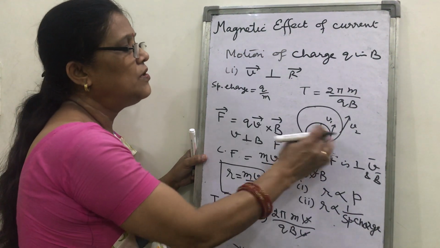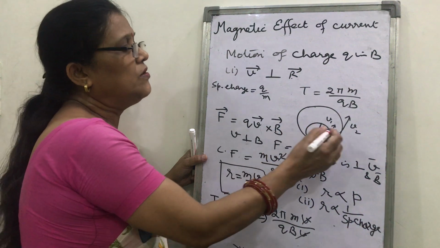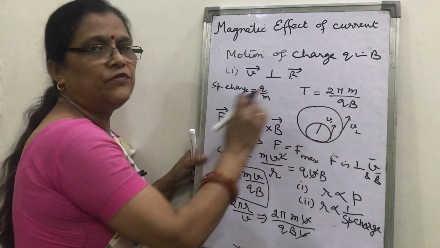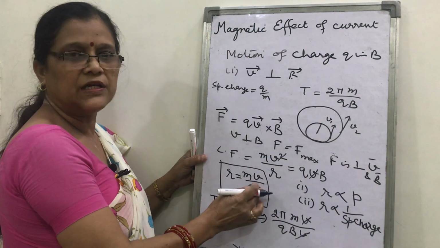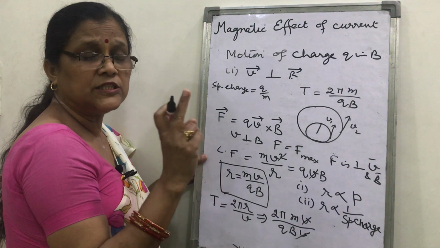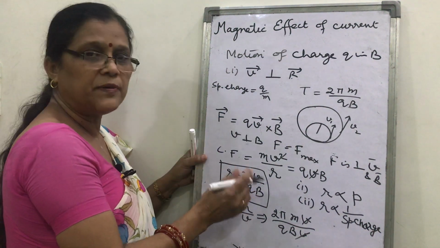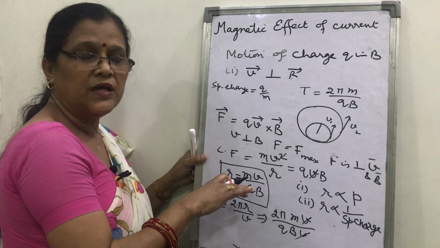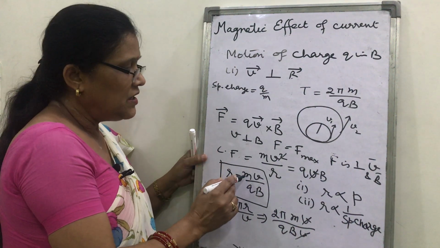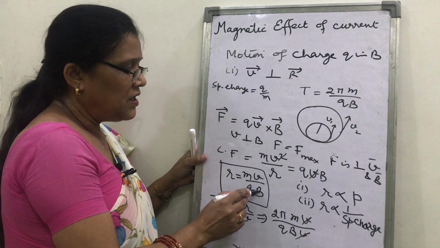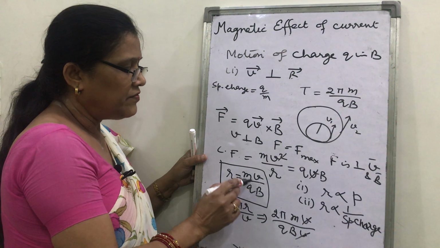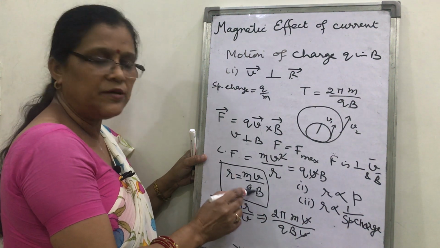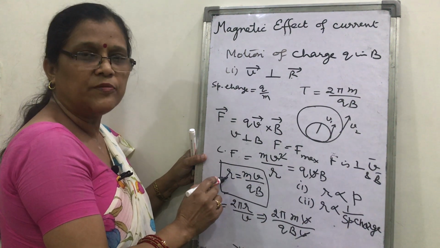Then how will you find from this relation whether v2 or v1 is greater? If the question says two identical charged particles moving in the same magnetic field, then m, q, b are the same, so r and v are directly proportional.